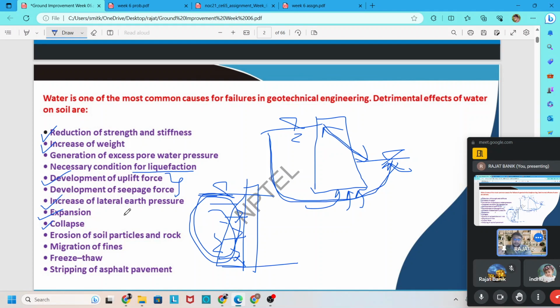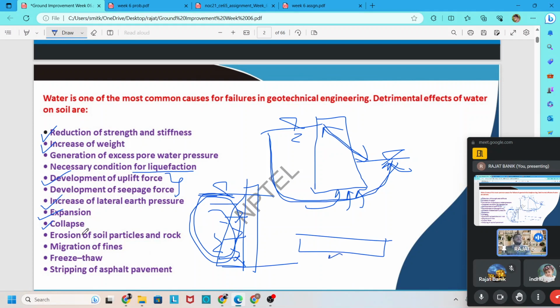If water is present there, the soil particles may absorb this water and swelling or expansion can happen, and this may have a detrimental effect on the structure if there is any foundation in this soil.